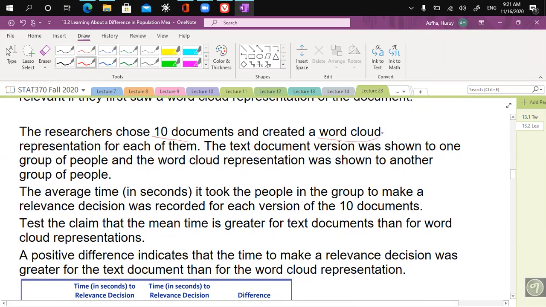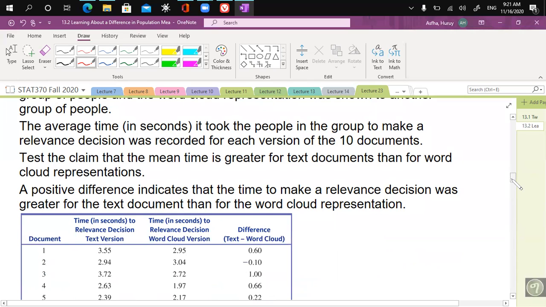So they have one word cloud for each of the 10 documents, and they also have the document text as it was. So for each document, they have two versions.